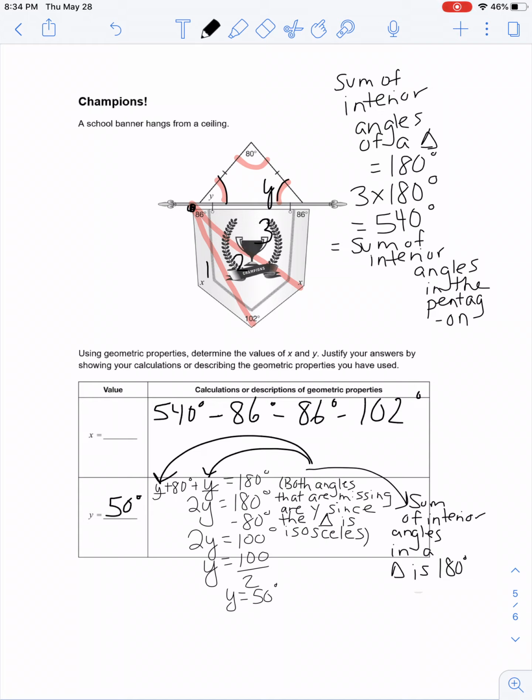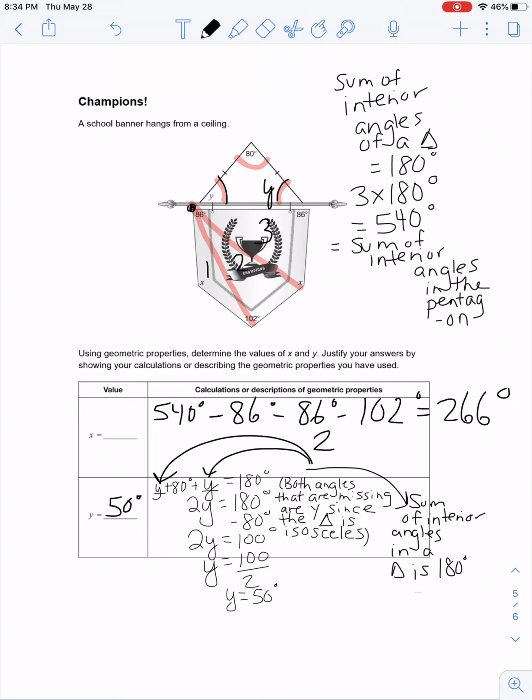So I've got 540, and I'm subtracting 86, and another 86, and finally 102. Those are the angles that I knew, and I'm just going to subtract them off of the total. So that's 266.